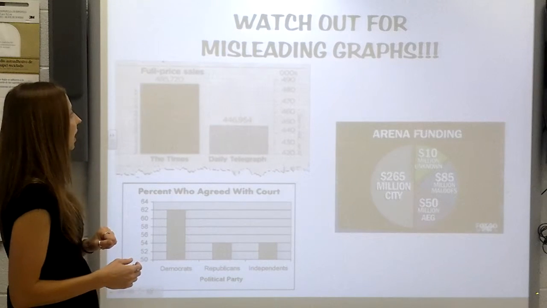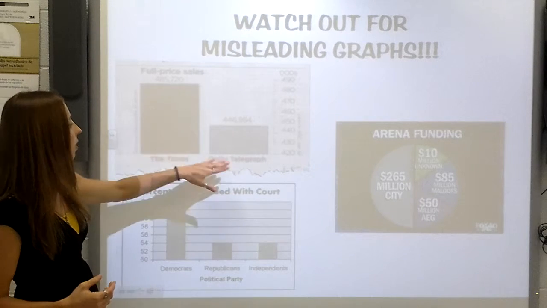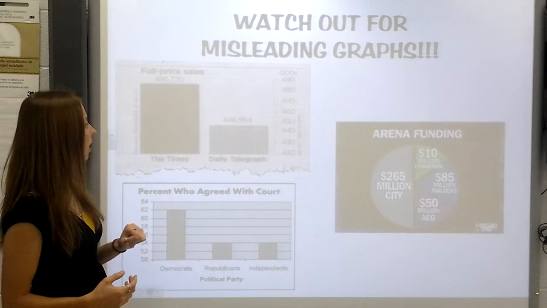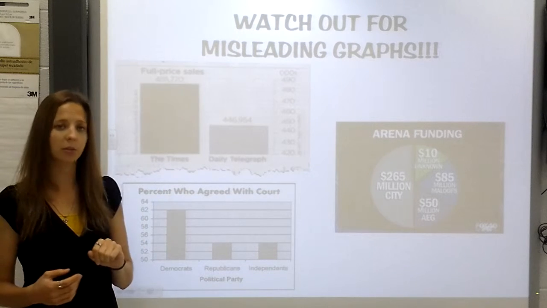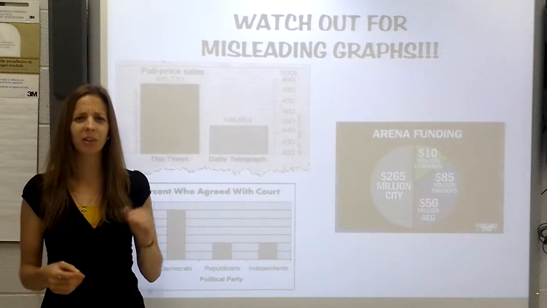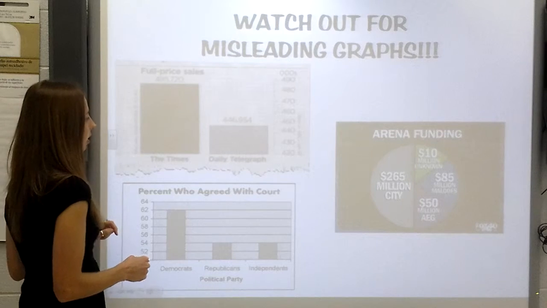They sell about 485,720 newspapers versus the Daily Telegraph, which is still 446,954. So really the values are a lot closer than what this graph makes it appear to look.